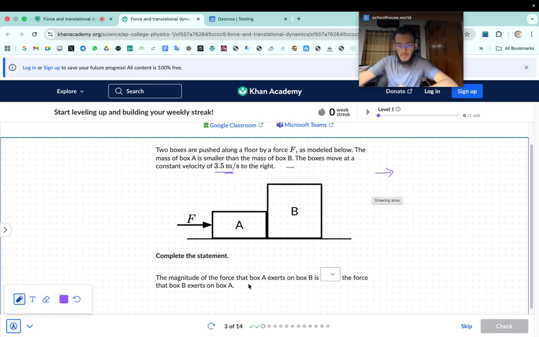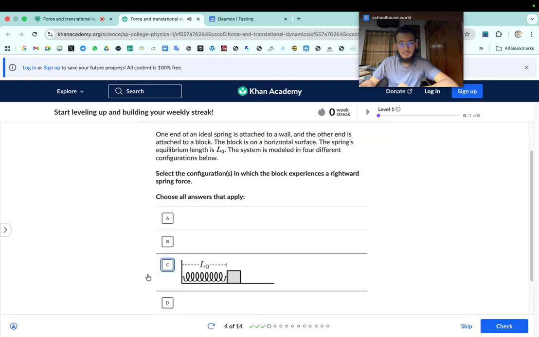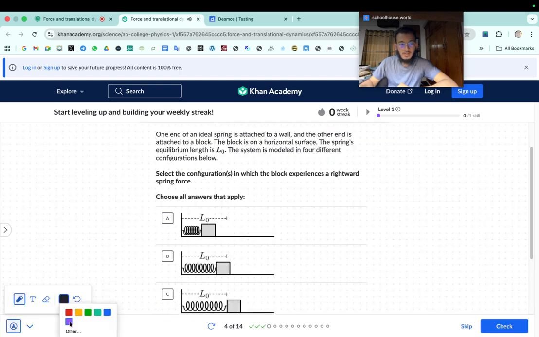The magnitude of the force that box A exerts on B is dash the force B exerts on A. We know from Newton's third law, they must be equal, because it's the same pair of forces, the same type of force. Hence, we'd say it's equal to. There we go.